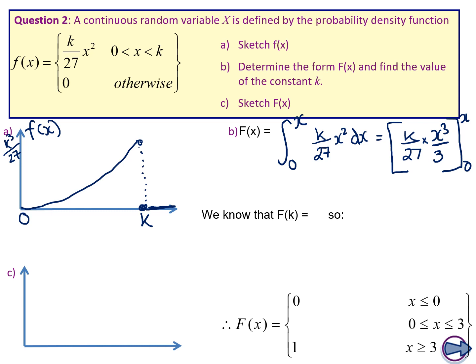So if we put in x and 0, you just get that function: k x to the 3 over 27 times 3, and 27 times 3 is 81.